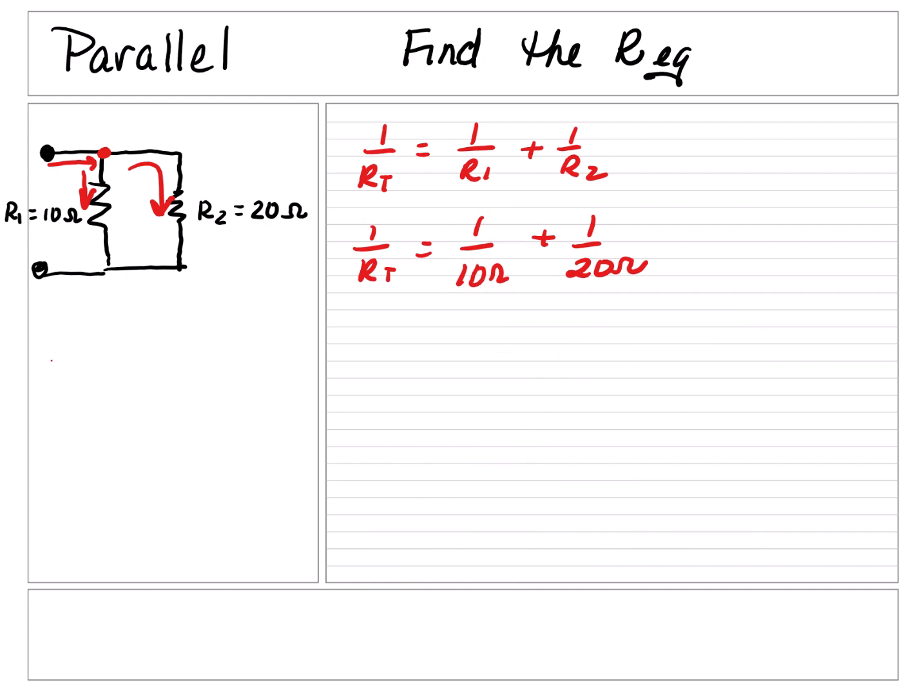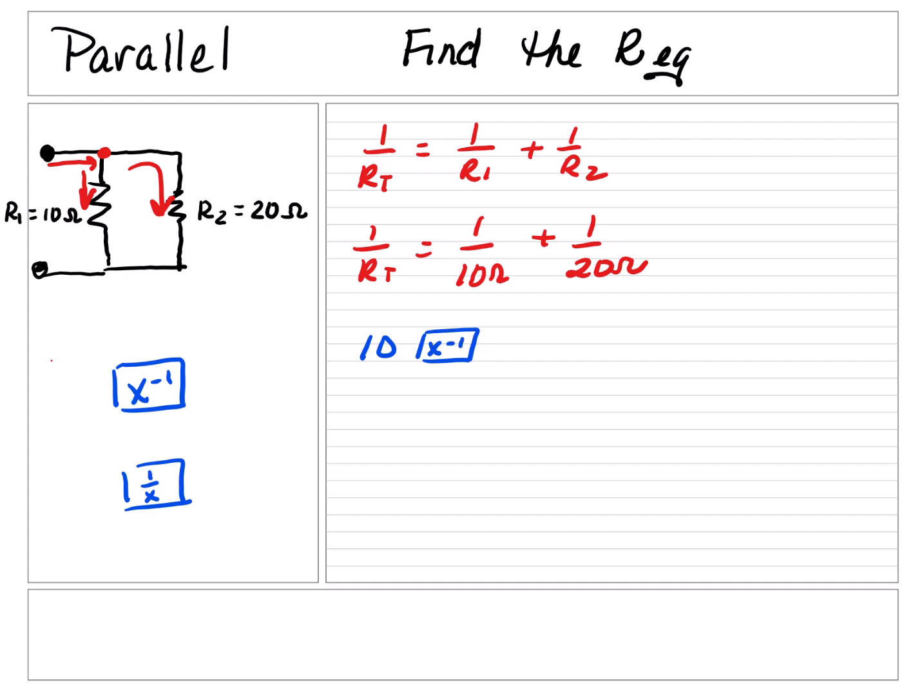The second method to calculate the total resistance is using your calculator. You have a reciprocal button on your calculator. It will either look like x to the negative 1 or 1 over x, depending on your calculator. So the way you set this up in your calculator is you type in 10, then you push the x to the negative 1 button.